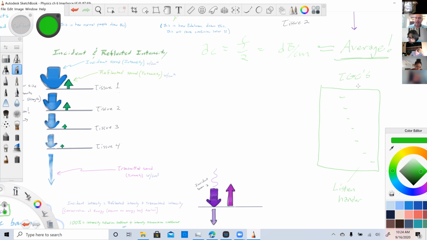But sometimes we sweep it the other way. Let's use a different color. Sometimes we might even sweep it this way, so that you listen less. Usually it's the other way around, but sometimes.